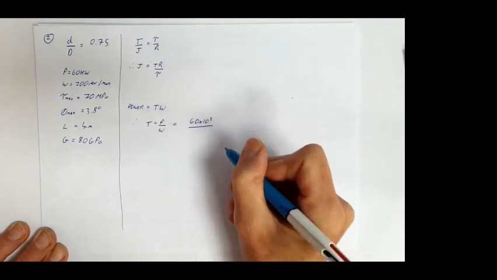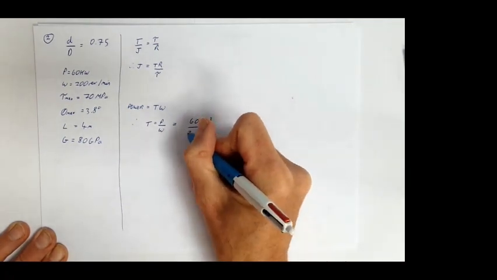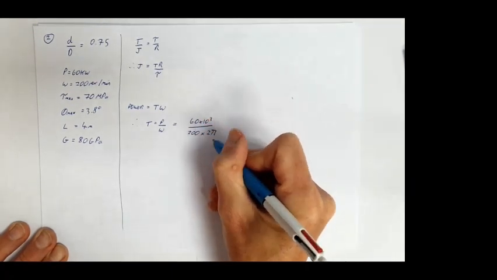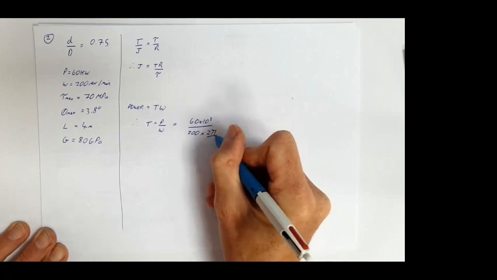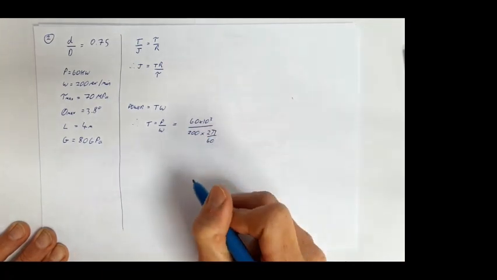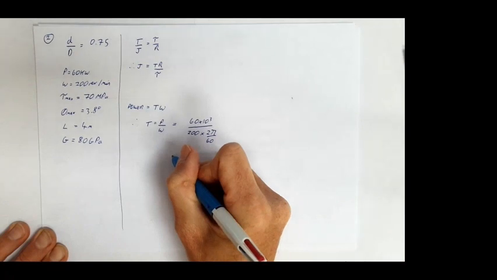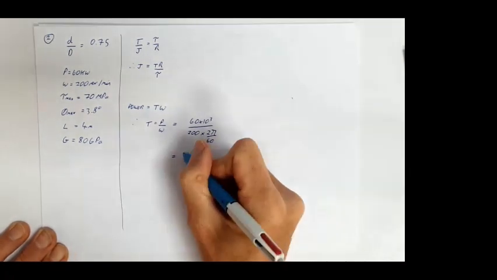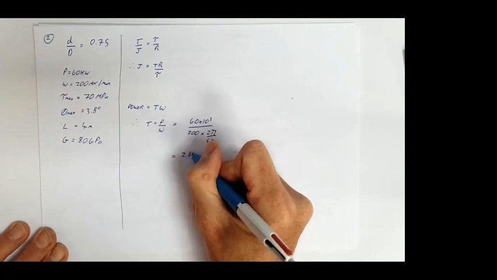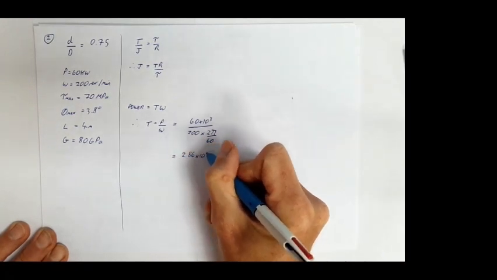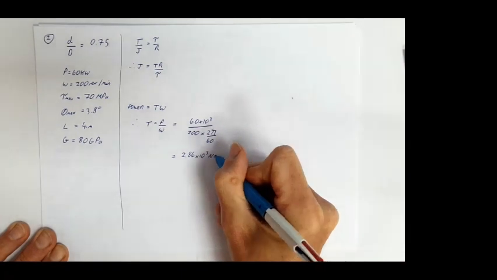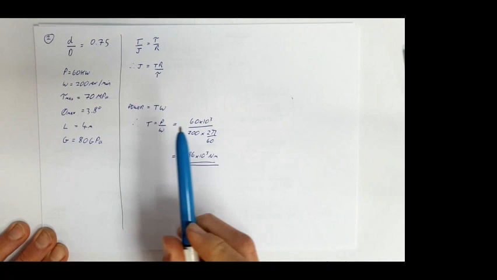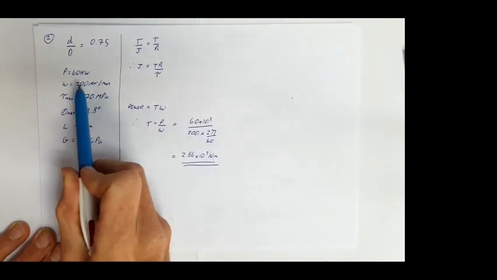And our angular speed, well, it's 200 revolutions per minute, times 2 pi, that many radians per minute, divided by 60, it's going to give us that many radians per second. So our torque is 2.86 times 10 to the 3 Newton meters. That's the torque that we're transmitting with this power and this angular speed.